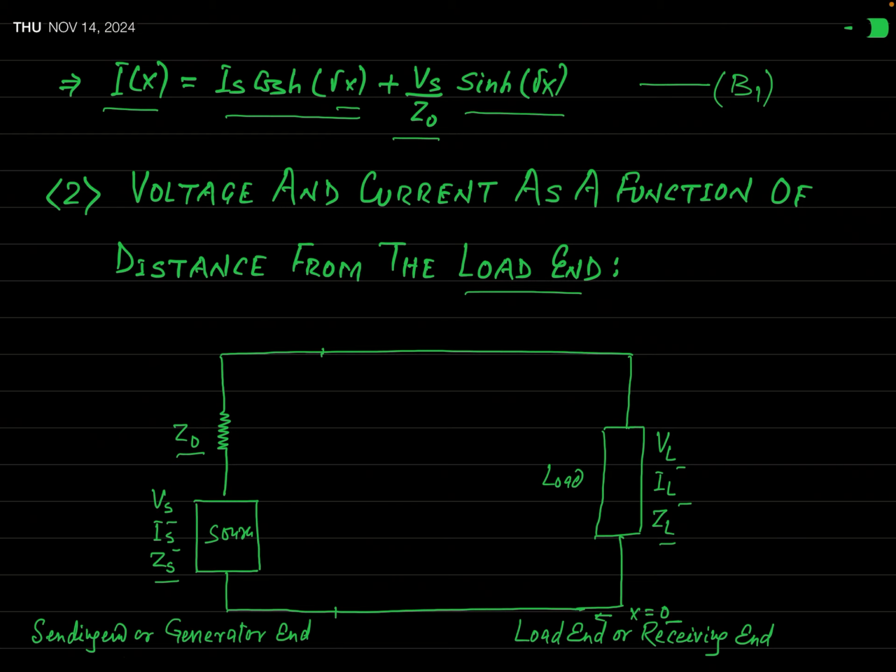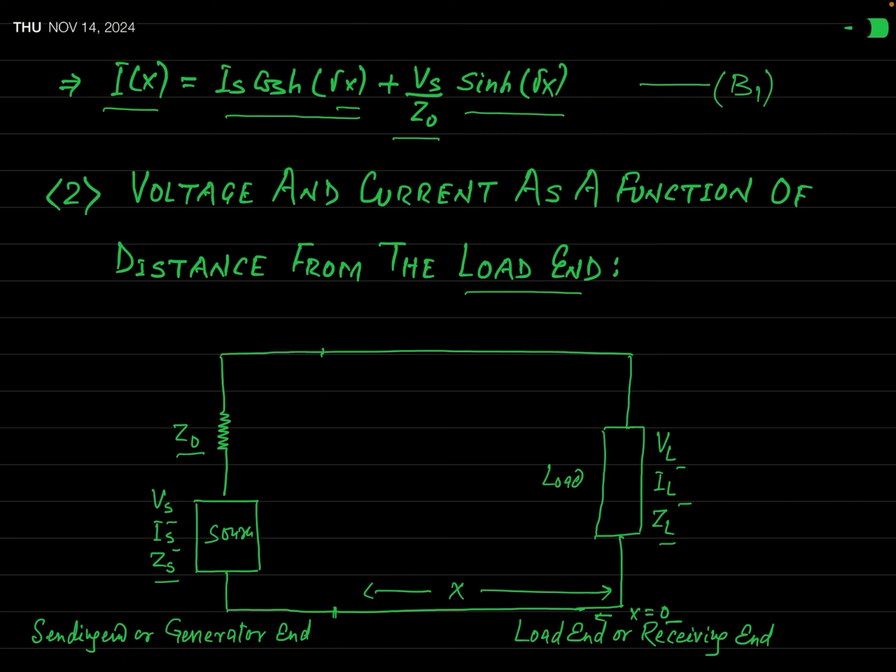Now, if you consider a point here, then this is the distance x. The origin is at the load end. So there will be no difference in the equation, but our result will be somewhat different because we are not considering the origin at the load end.